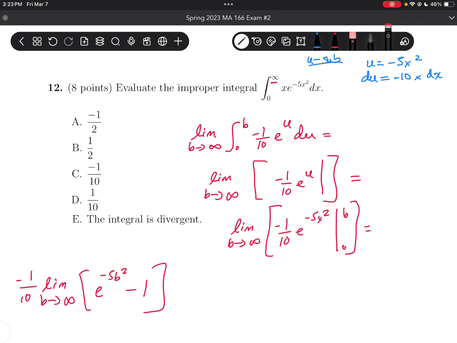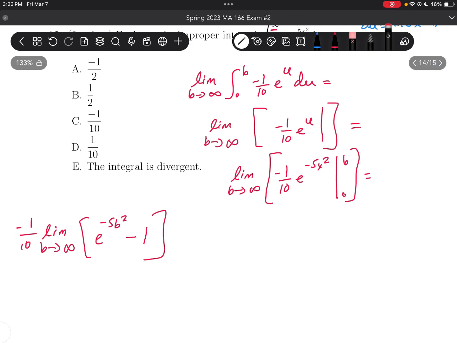Well, as b grows larger, negative 5b squared approaches negative infinity. So instead, I can ask, as n approaches negative infinity, what is the behavior of e to the power of n? Let's be careful.